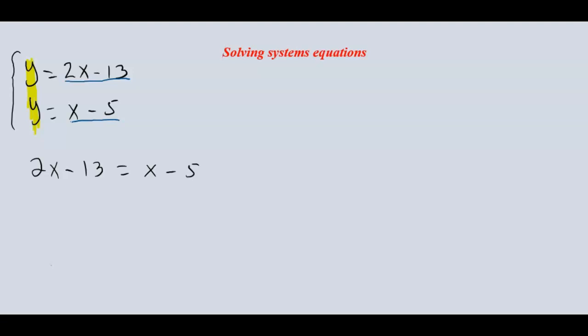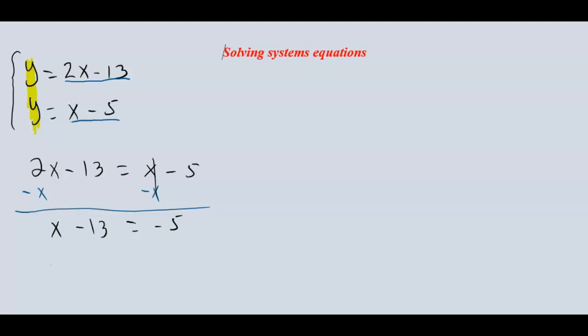So we subtract x on this side and also subtract x on this side. Now we have 2x minus x is x, minus 13, and over here is 0, so equals negative 5.